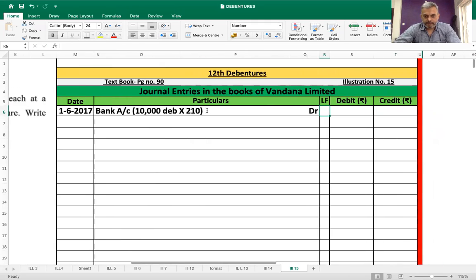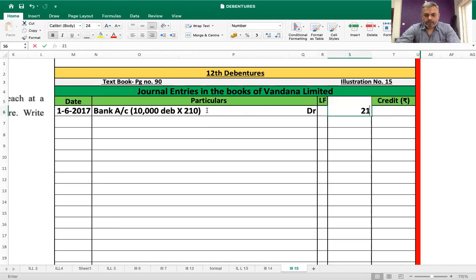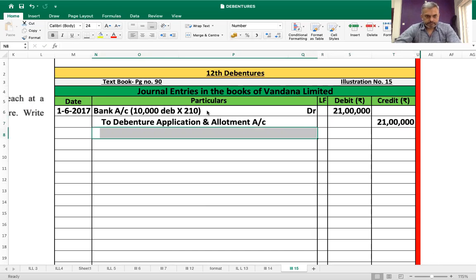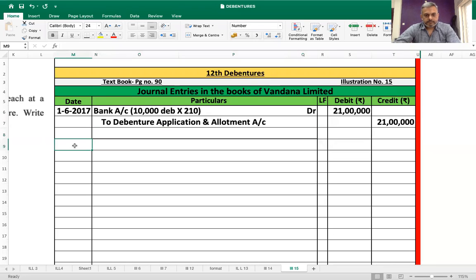So debit 21 lakh to debenture application and allotment account, 21 lakhs. Next one, very tricky and very important. Please pay attention to it.